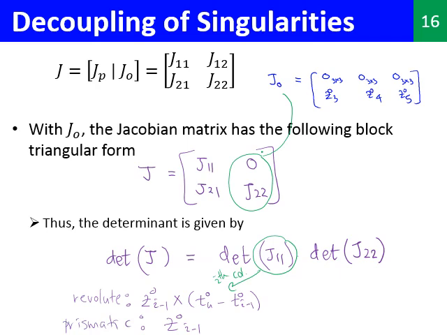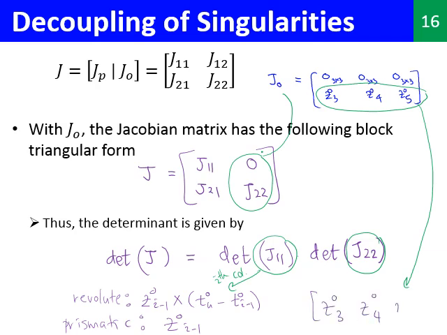Okay, and J22, that is actually this part, right? So that is equal to z_3, z_4 and z_5.